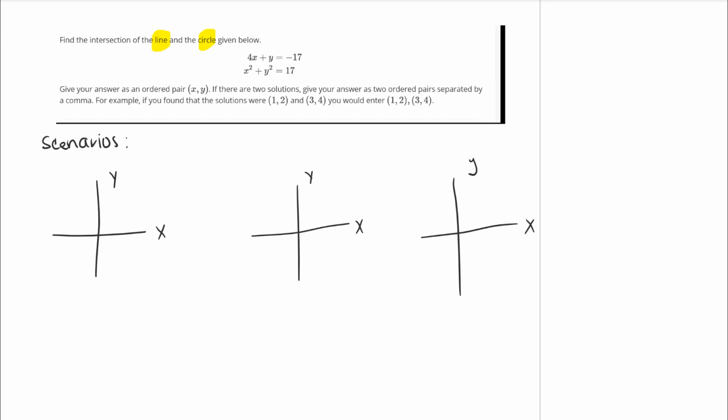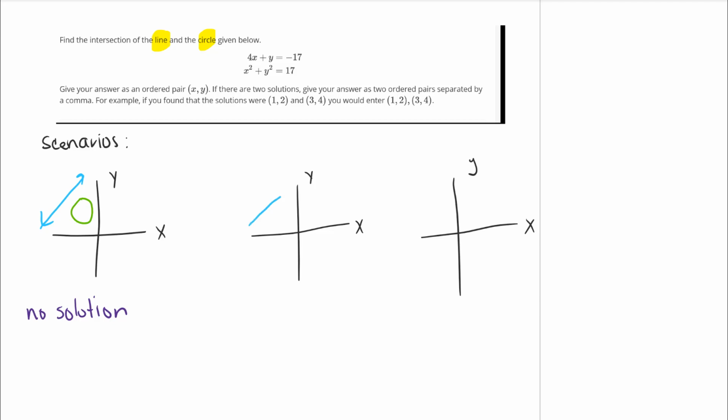If you're looking at the three different scenarios when you find the intersection of a line and a circle, let's say we have this linear equation, and let's say we have this circle, and nothing happens, right? There is no solution. The line and the circle do not meet or intersect at any point.